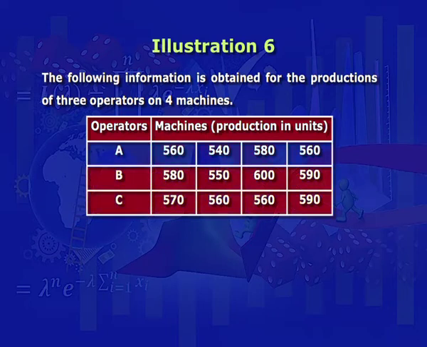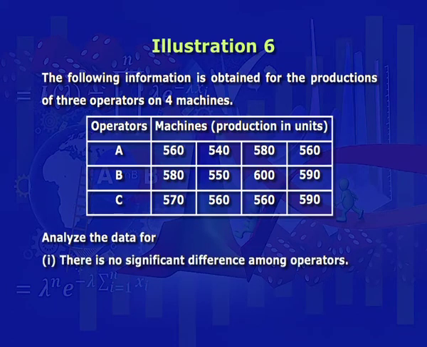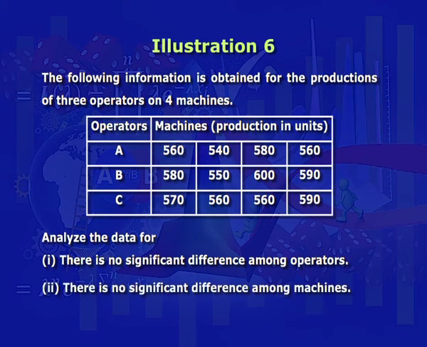Similarly, the production on machines for operators B and C are given in the table. Analyze the data for: first, there is no significant difference among operators; second, there is no significant difference among machines.